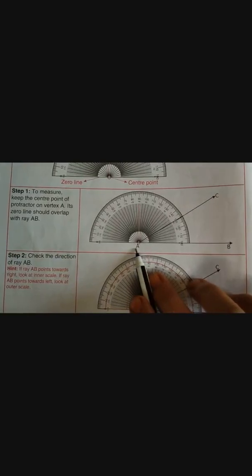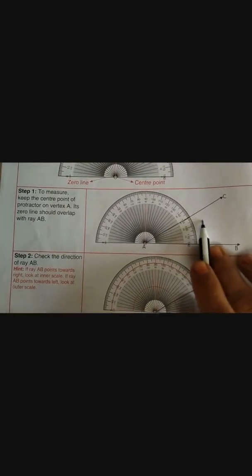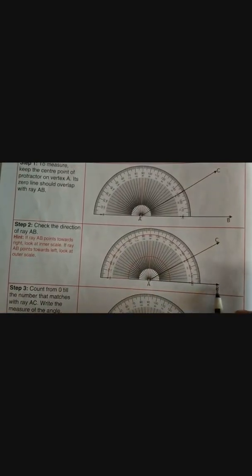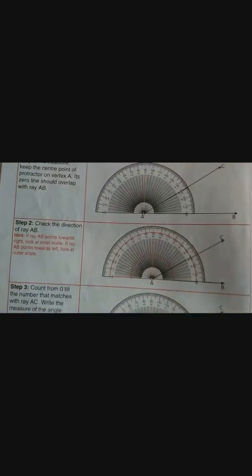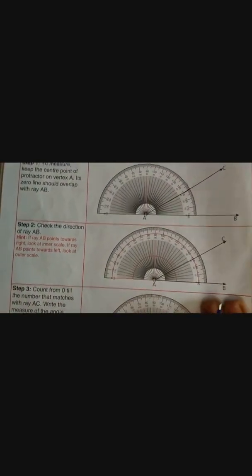This one is overlapping with ray AB and ray AC. Then check the direction of AB. The direction of AB is the left side, not the right side. If AB points towards the right side, look at the inner scale. Now this one is the right side, so we have to look at the inner scale.